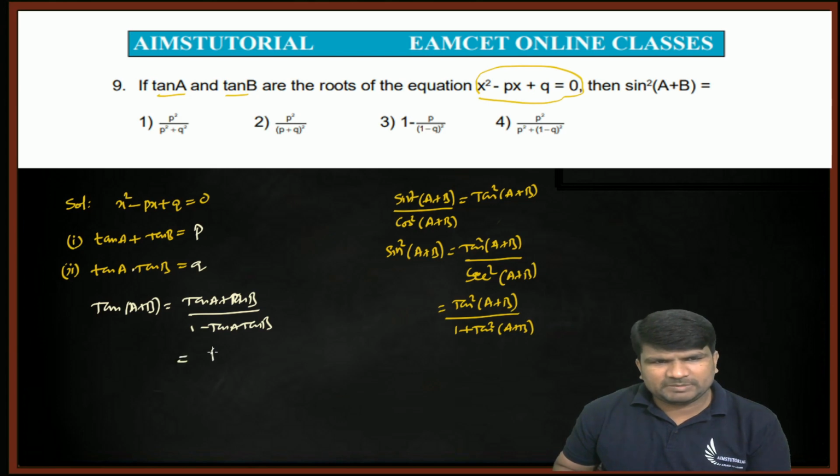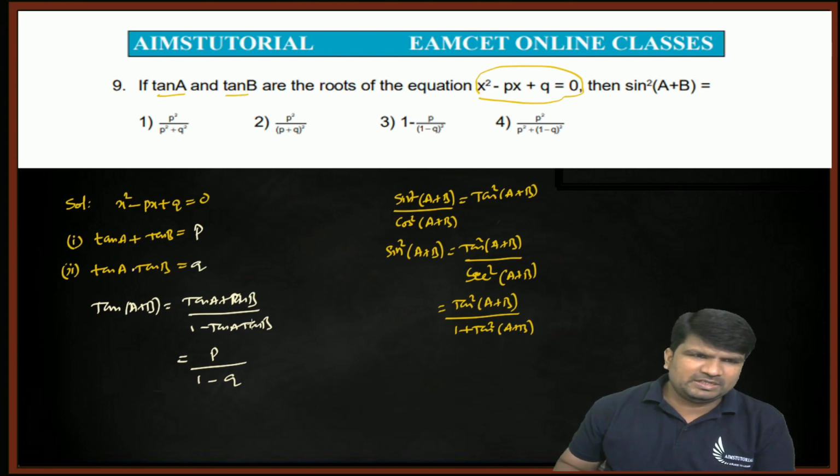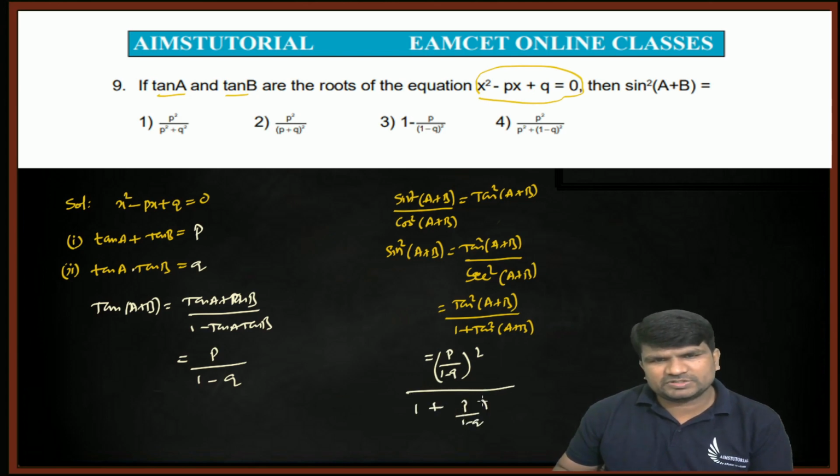So tan a plus tan b means p, and 1 minus tan a into tan b means 1 minus q. So in the place of tan a plus b, if you write p by 1 minus q, we get p by 1 minus q whole square, whole divided by 1 plus p by 1 minus q whole square.